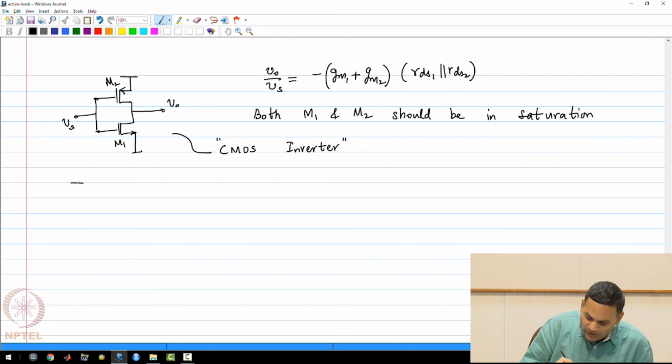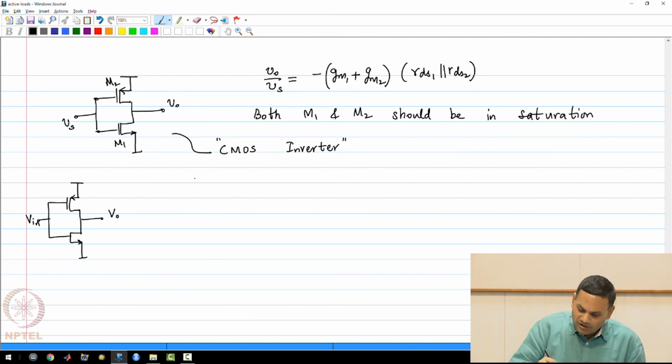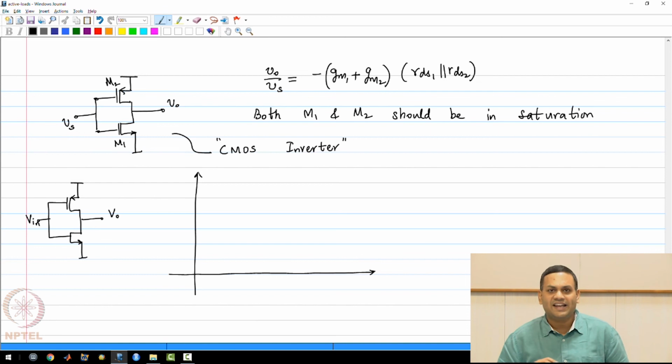If you were to take this circuit and apply a DC voltage Vin and look at the output DC voltage Vout, and plot Vin versus Vout, I will give you the curve here. I encourage you all to study the circuit and analyze how this happens.